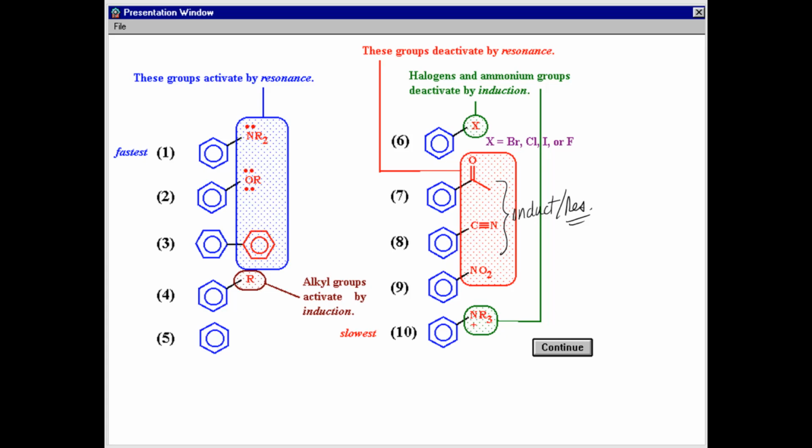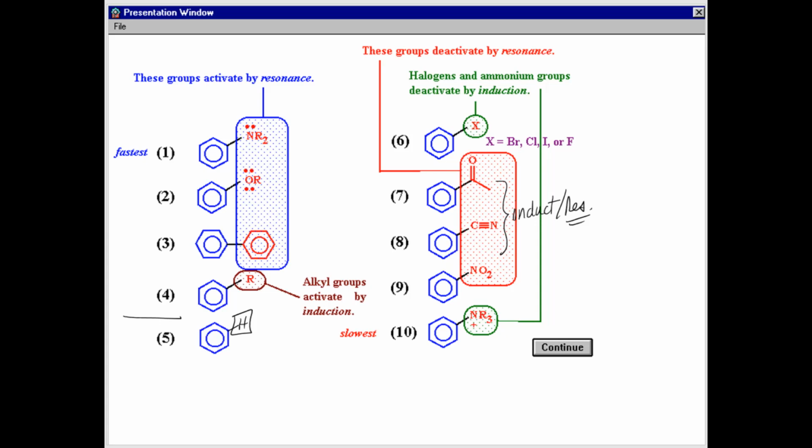Okay, so that's how we can explain how the benzene ring is affected by these substituents. Either the benzene ring will react faster or it'll react slower than if there was just a single hydrogen there. Okay.